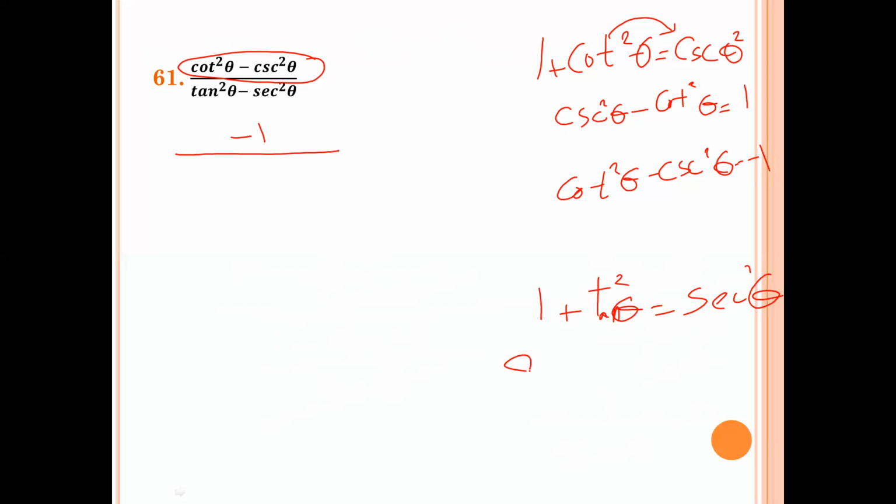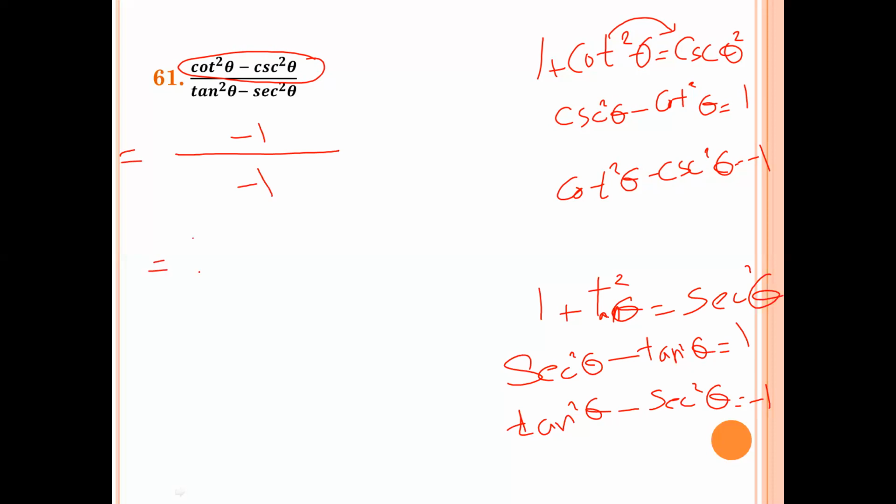We know that secant squared of theta minus tan squared of theta equals 1. So tan squared of theta minus secant squared of theta equals -1. So it will be -1 over -1, which is 1. This is the simplest expression for cotangent squared minus cosecant squared over tan squared minus secant squared.